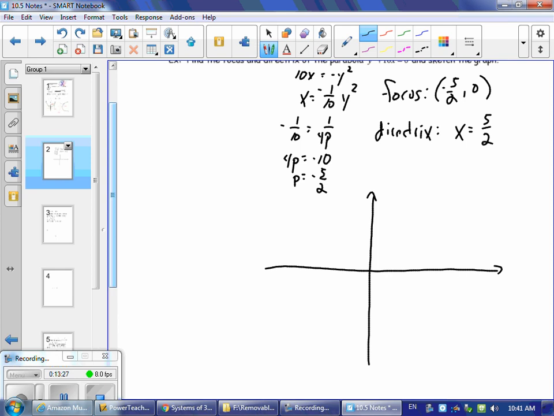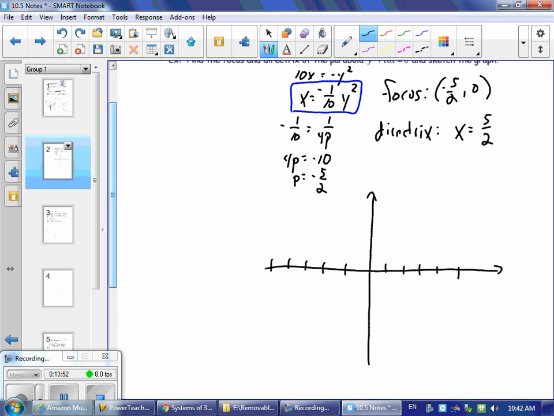Looking at my equation, x equals negative 1/10 y squared, that actually tells me that this thing is going to open to my left. If we weren't sure about that, if you plot your focus at negative 5 halves, so let's count 1, 2, 3, 4, 5, that's really all we need.